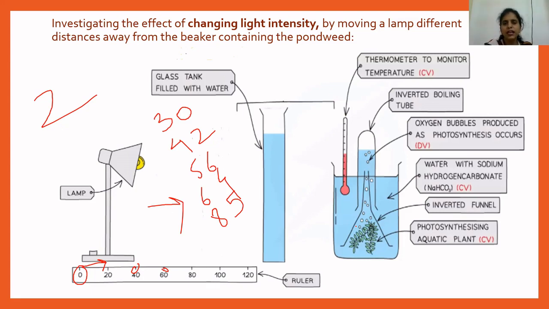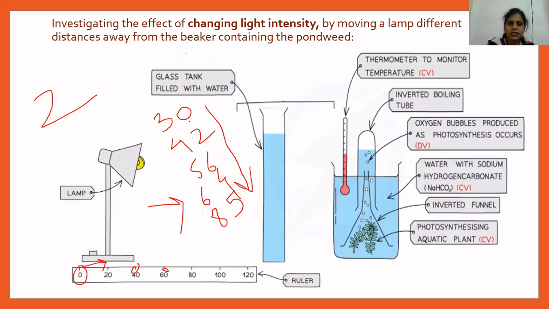As the light intensity increased, the number of oxygen bubbles produced also increased, and hence the rate of photosynthesis also increased.